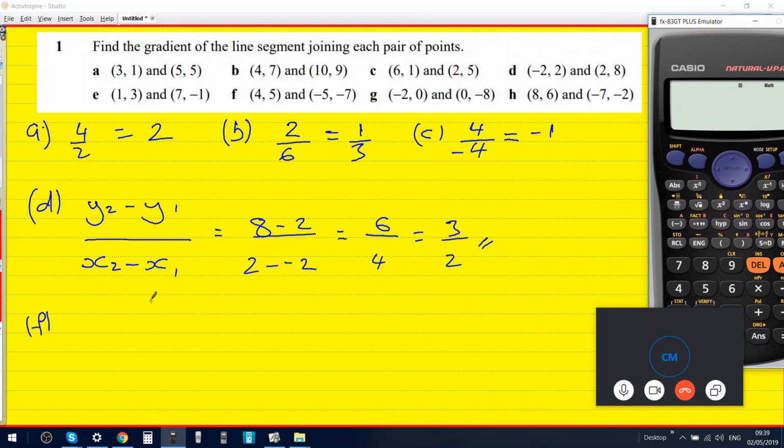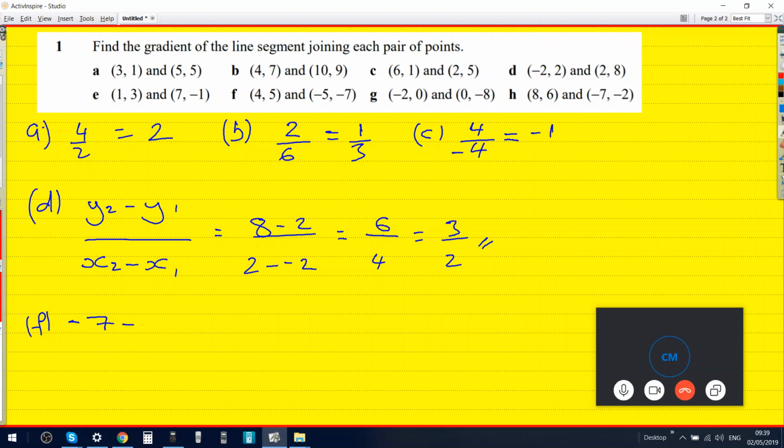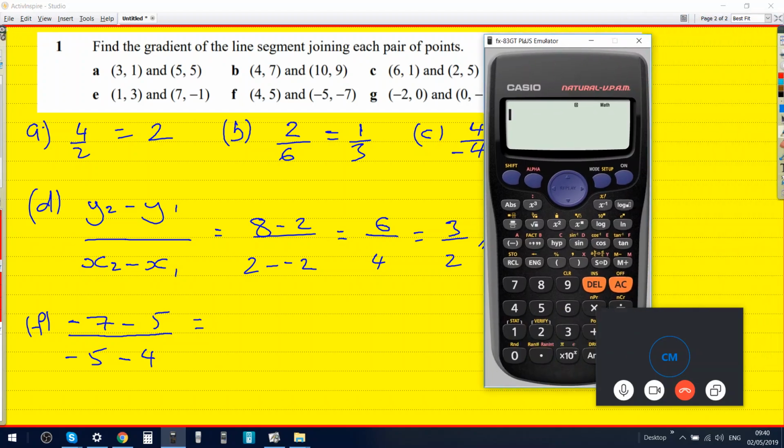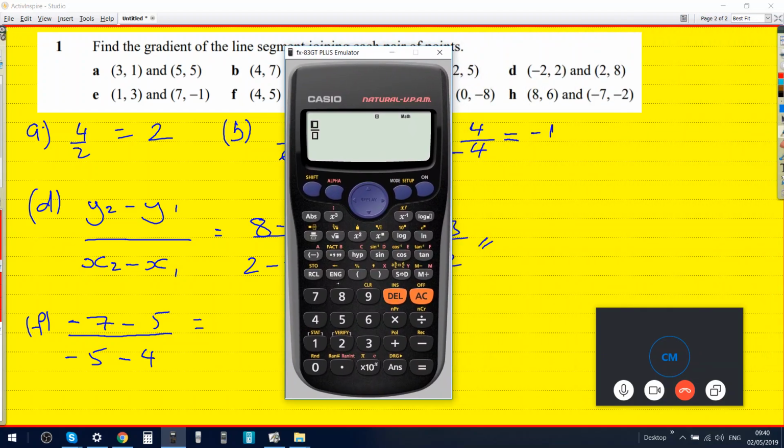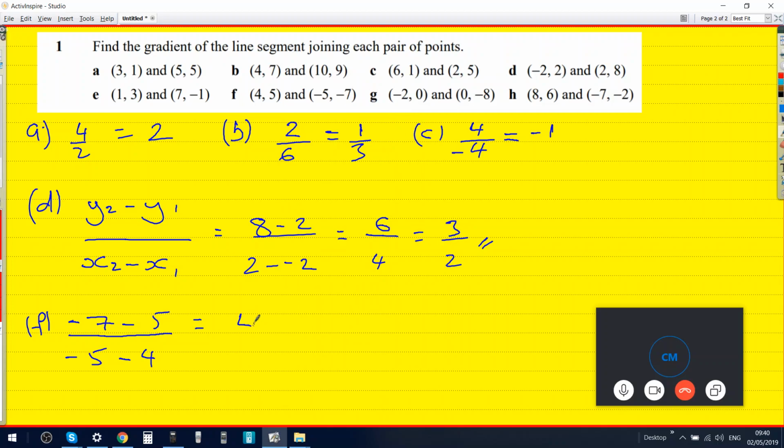So minus 7 minus 5 over minus 5 minus 4. Yeah, and so minus 12 over minus 9, and so the calculator simplifies it down to 4 over 3. Yeah. And so there you go.